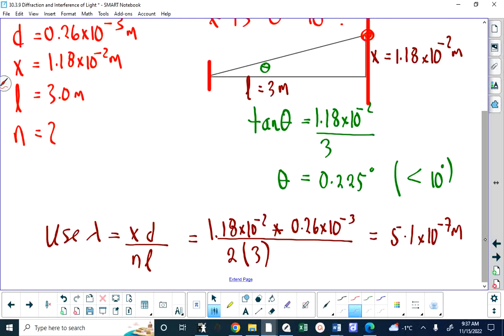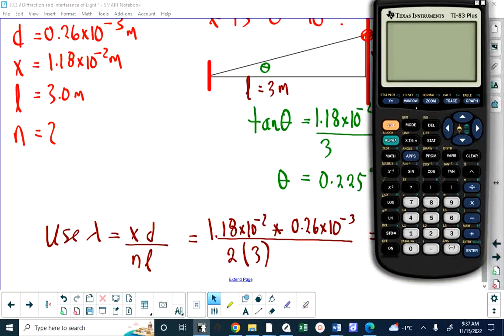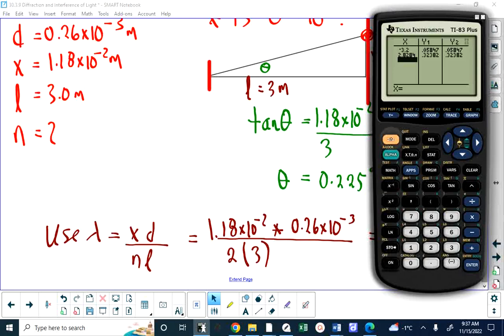But I want to show you something here that I think is kind of an important idea. You go through that process and you get this angle, inverse tan of 1.18 multiplied by 10 to the negative 2 divided by 3.